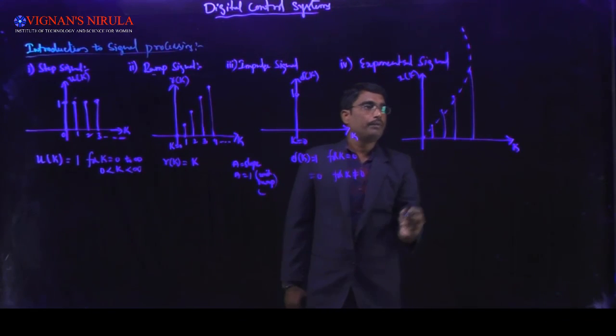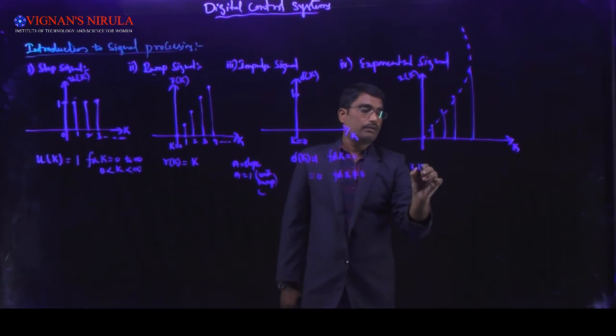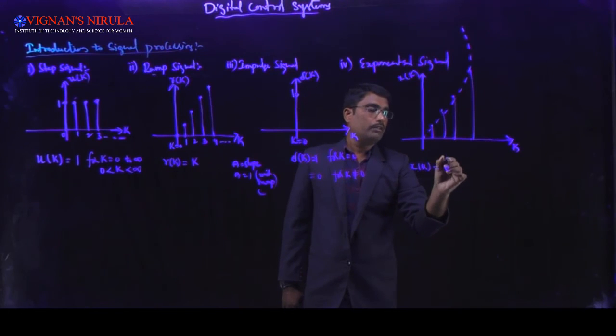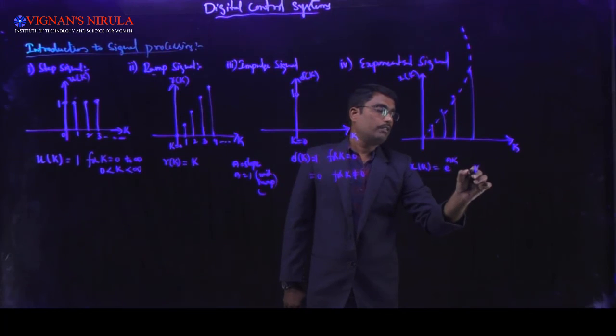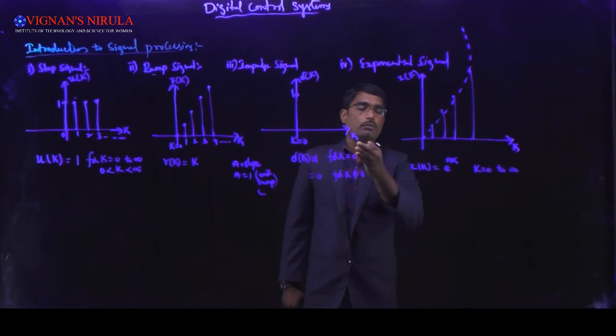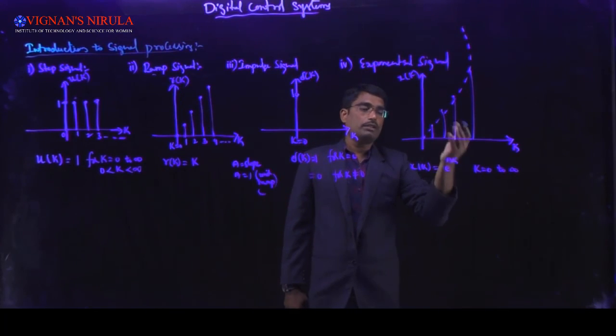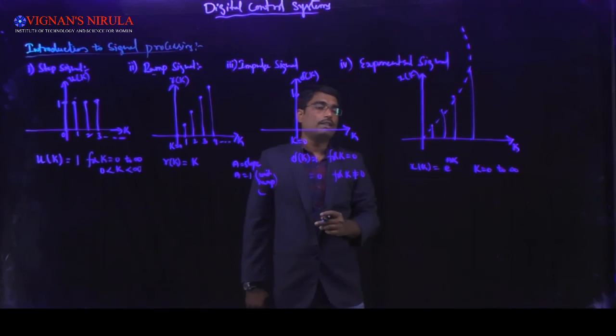So x of k equals e power ak, exponentially rising, for k equals 0 to infinity. From 0 to minus infinity, it will be 0. I am taking a positively rising exponential signal.